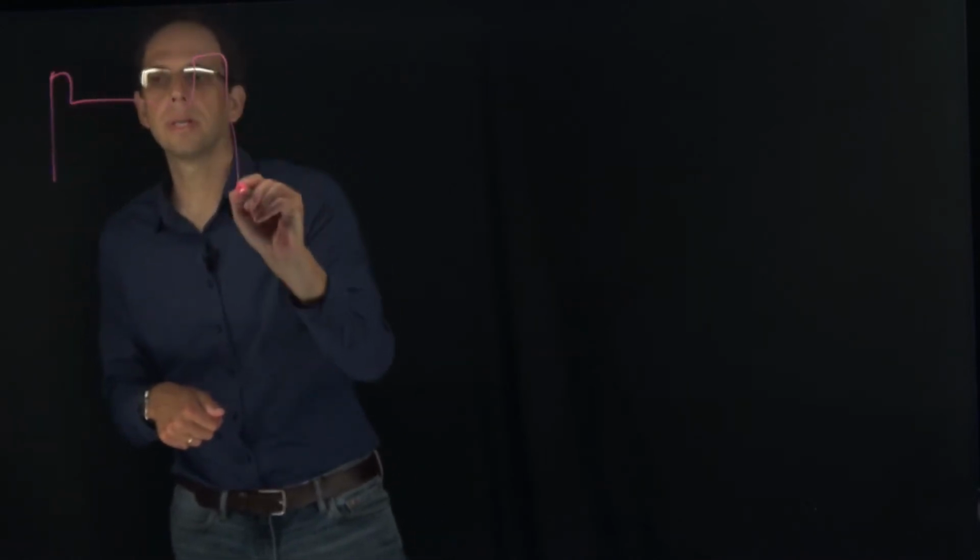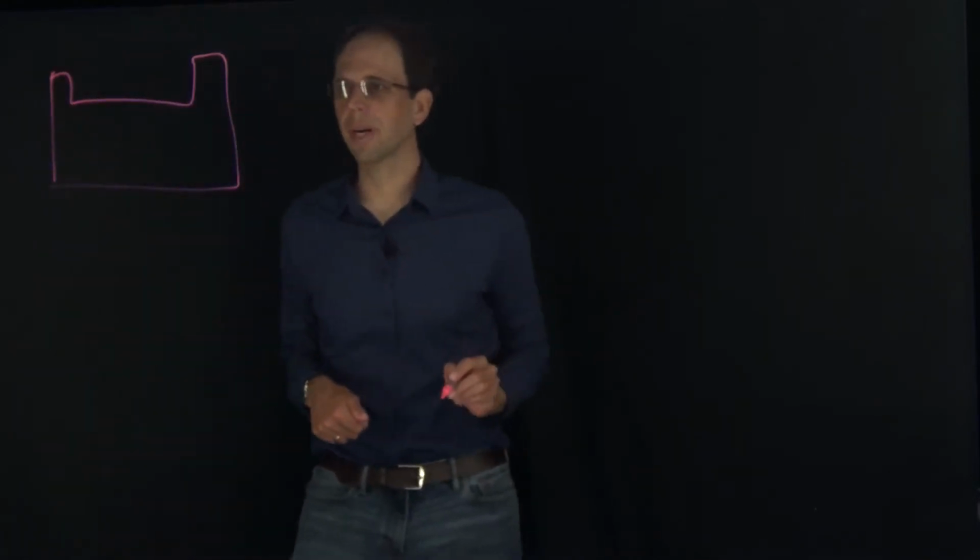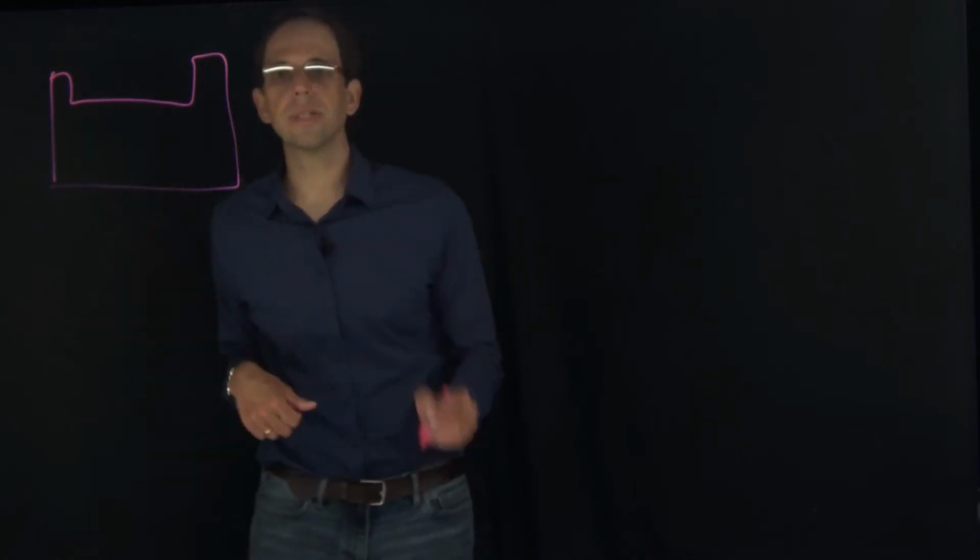So in this video, I just want to quickly talk about how we can estimate the size of atoms or ions using the periodic table, at least the trends in the sizes of the atoms and ions. So remember, if this is my periodic table, there's a quick cartoonish graph of the periodic table, there are two key trends.